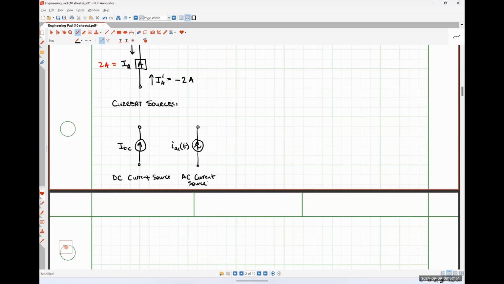Then over on the right-hand side, let's put our dependent current sources. So dependent sources are always designated by a diamond. So let's start with a current-controlled current source.